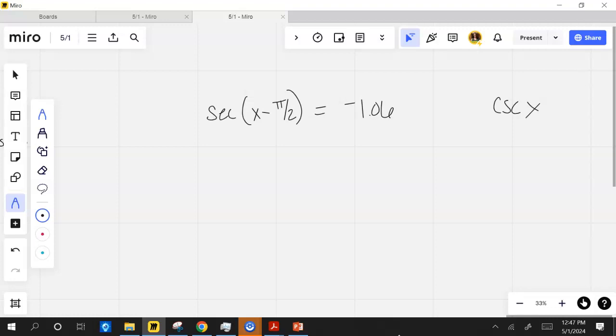I need this to look this way so that I can match it up to my identity, right? So secant of pi over 2 minus x is equal to cosecant x, right? And that's what I'm trying to find. So to switch all the signs in here, I have to pull out a negative 1.